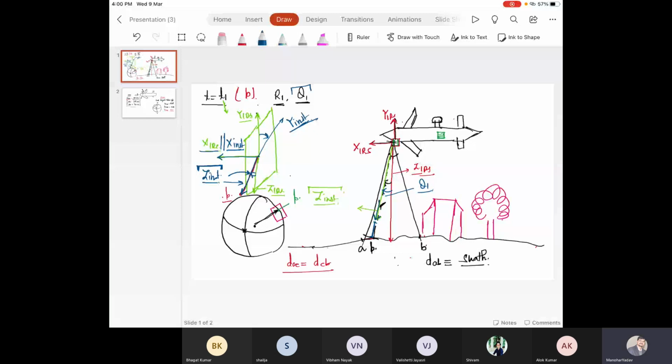So what will be the coordinate of point P in the instantaneous coordinate system? We have already done the conceptualization of all these problems, and we have even discussed about them. Just you need to apply those concepts over here.